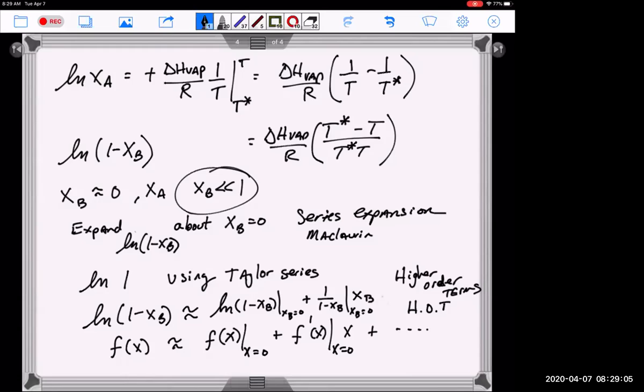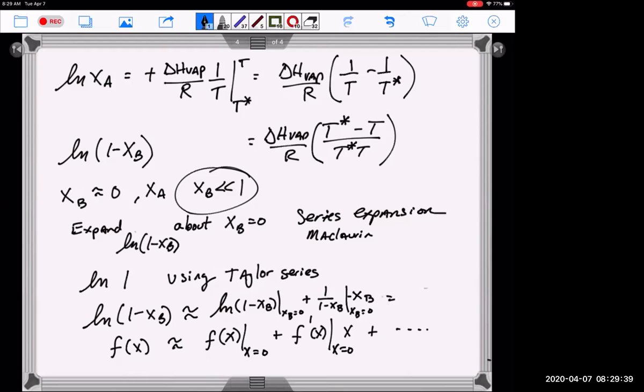We're doing xb equal to 0, so this term would be xb. Okay, so those will be our two terms. Let's flip the page and see what that gives us. This term here is going to be the ln of 1. So let me erase our higher order terms part so we have the result.